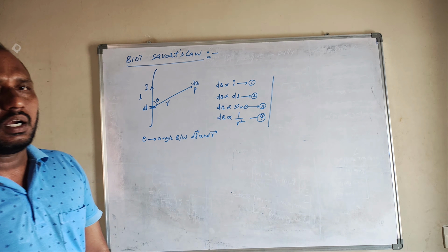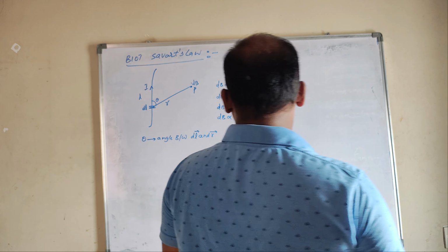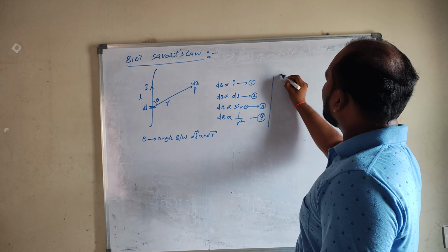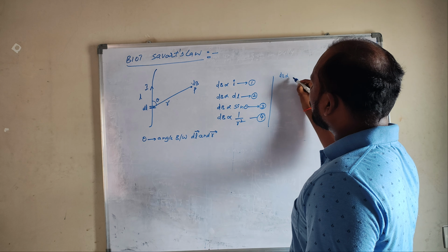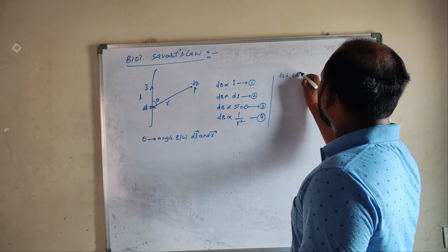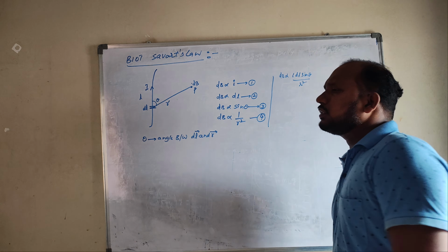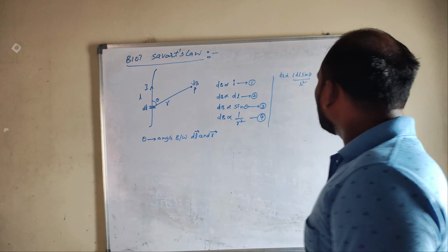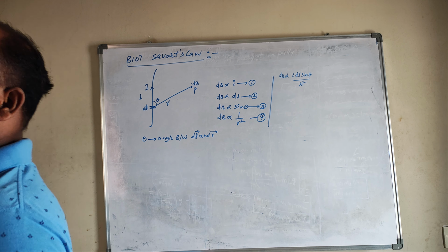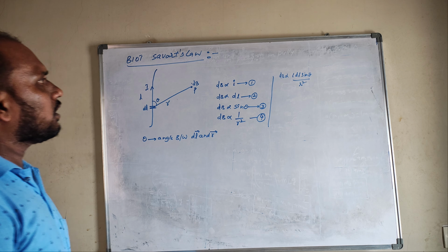Now I have to combine these four relations. dB is directly proportional to I dl sin theta by r square.